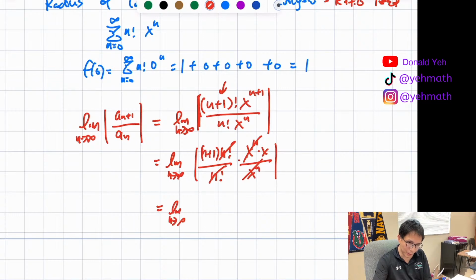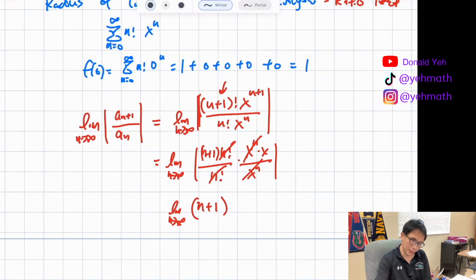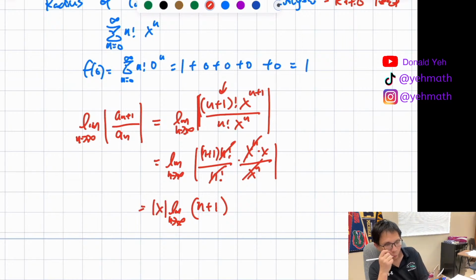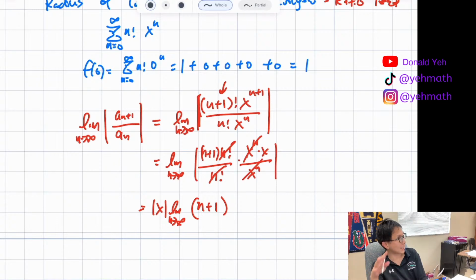Limit as n approaches infinity of n plus 1 and absolute value x. Now, why did I put absolute value x in the front? Because the limit is only as n approaches infinity, not x. So x is just a constant.